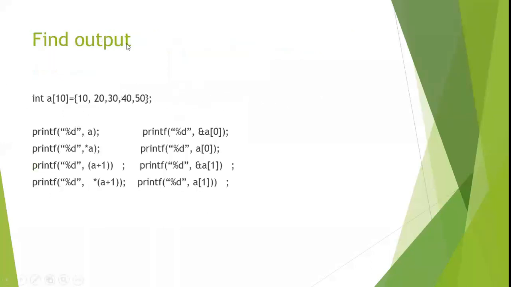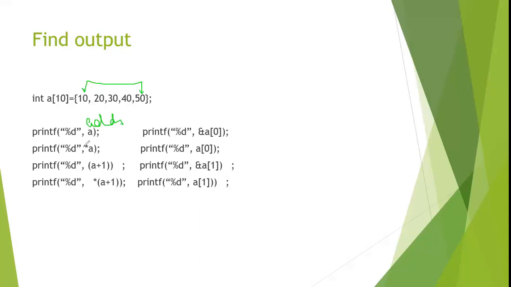So if I'm having it like this, now let's see what will be the output of this case. A is 10, 20, 30, 40. So these are all the values in the array, right? If I write printf A, what will be the value? Address, correct. It will give you the address.